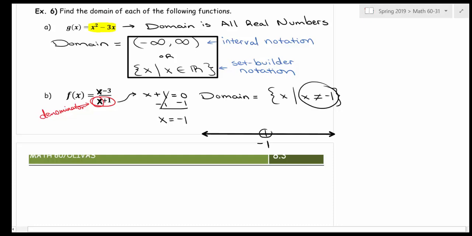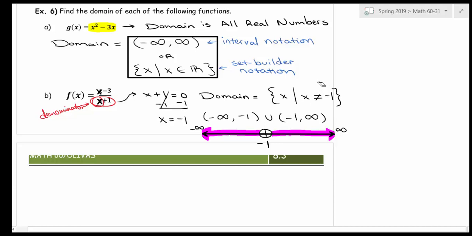So I'm going to draw an open circle on my negative 1. It's basically saying I'm allowed to plug in any values over here, any values that are to the right, but I'm not allowed to plug in negative 1. So I'm allowed to have the open interval from negative infinity to negative 1 union the open interval from negative 1 to infinity. And this is going to be my answer in the interval notation.